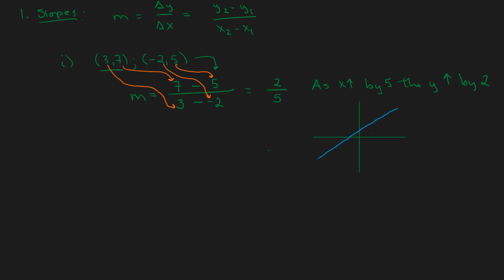Okay, the second thing we want to take a look at here is horizontal and vertical lines. When we're dealing with horizontal and vertical lines, you don't wind up with an equation that's very involved.